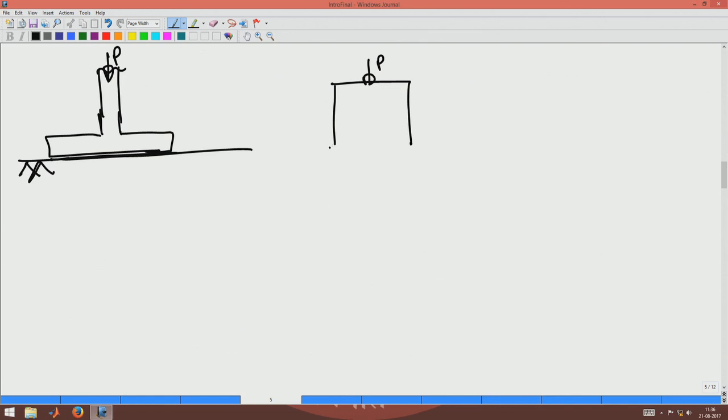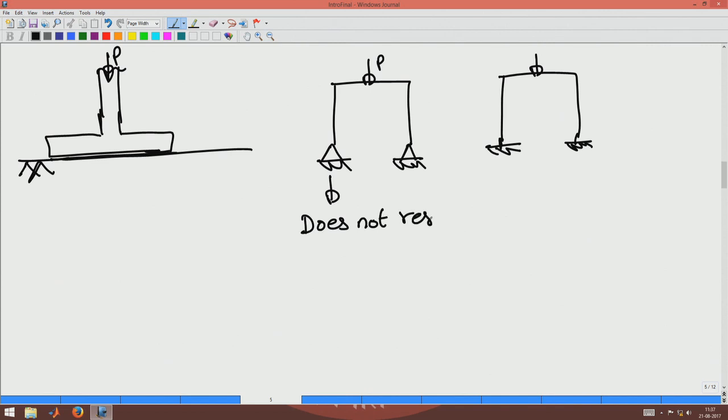The end conditions can be a hinge condition, or, for the same portal frame, it can be a fixed condition. I am sure you would know what hinge and fixed mean. Hinge means it will not resist any moment; the symbol means it does not resist any moment, it is free to rotate.